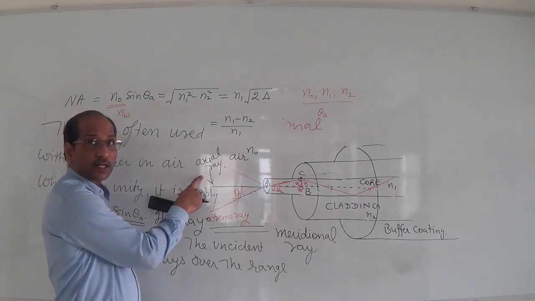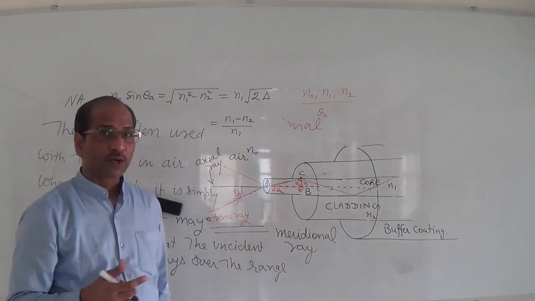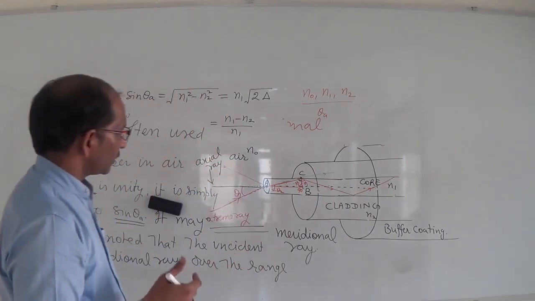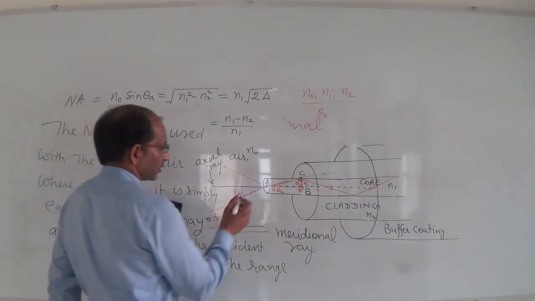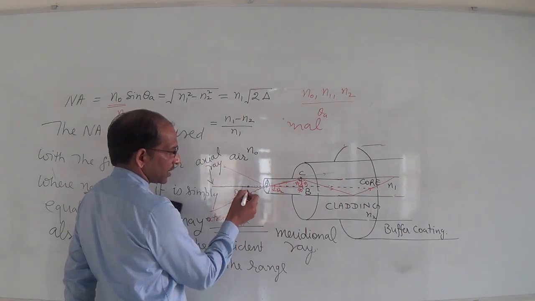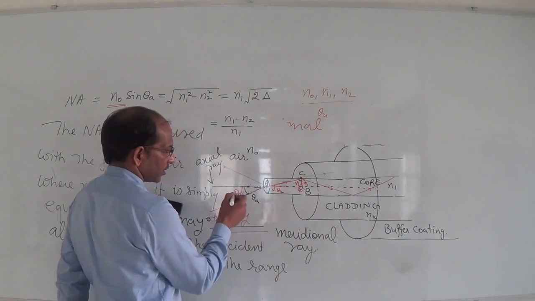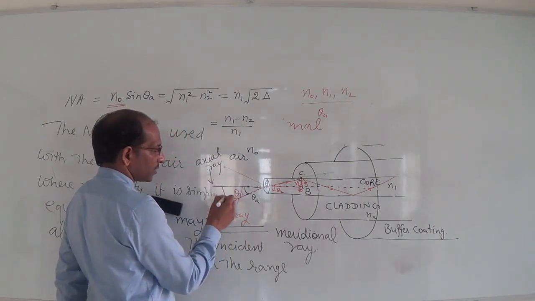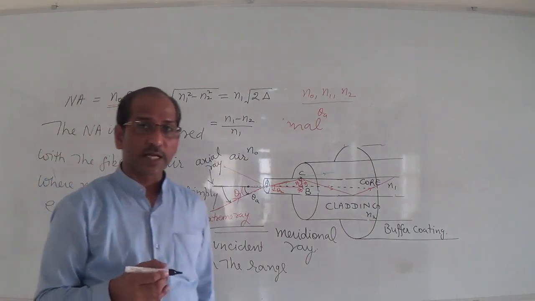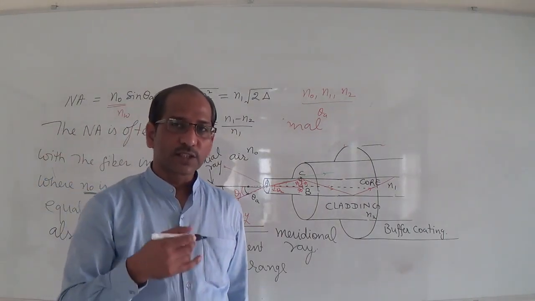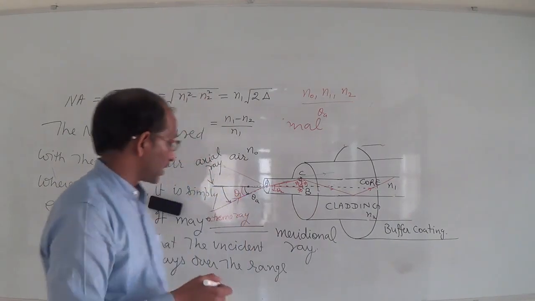One is the axial ray and the second is the extreme ray or meridional ray. So the limiting value of theta 1 is 0 to theta A. This is the maximum angle and that is theta A. From the axial ray to the meridional ray, the angle is theta A. So the range of theta 1 in this case will be 0 to theta A.